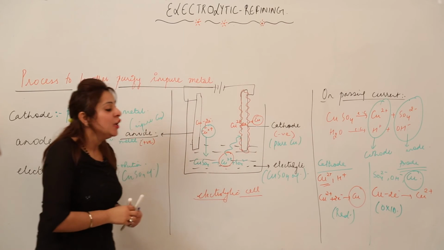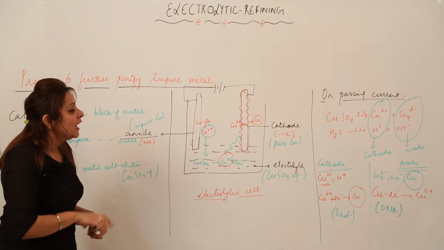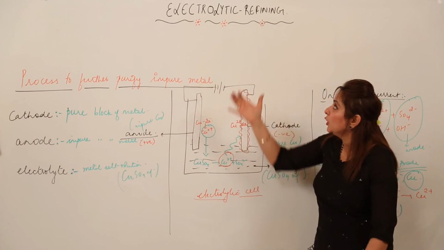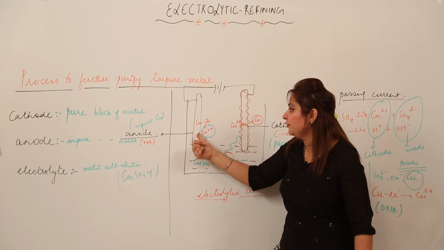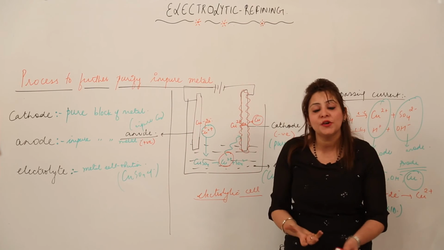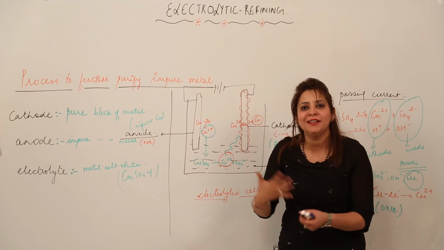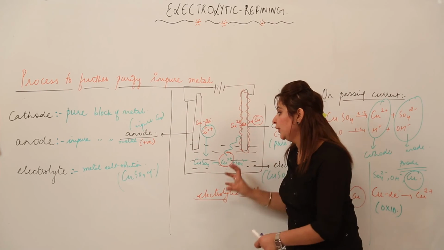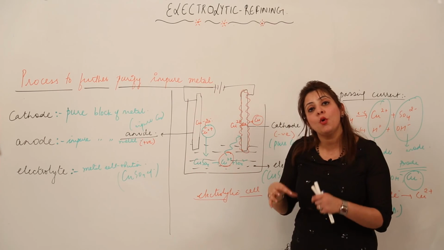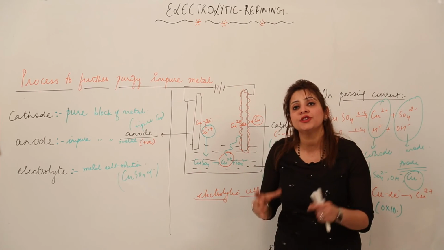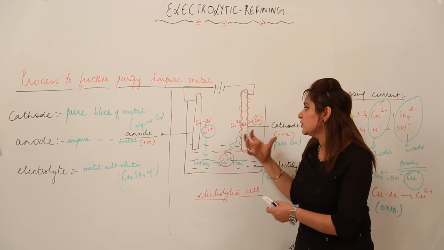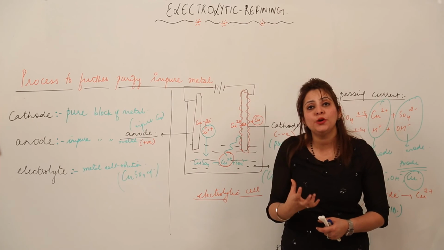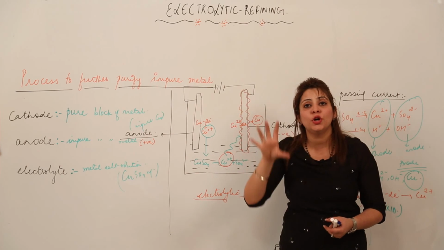So this is how this chemical change takes place, and why were we performing this experiment? Because we need to purify the impure block, and this we have already done. See, this block starts dissolving because it is getting converted into ions, and those ions go into the solution, and along with the more Cu2+ ions which are present in the solution, they go to the cathode, where they gain their 2 electrons back and change into copper metal, and that purified layer is coated on the cathode.